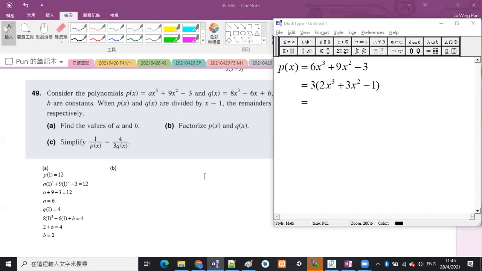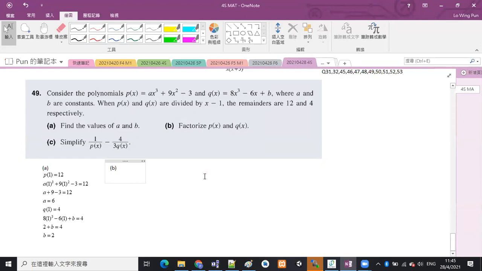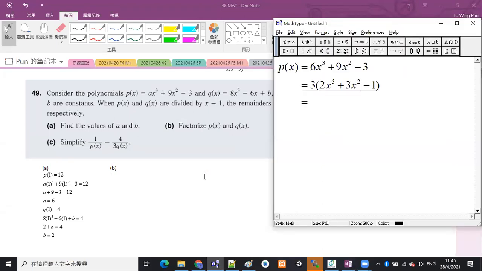So we have this cubic polynomial. We don't know what factors it has, so we have to try. Treat this as fx and try: is f1 equal to 0? No, so x minus 1 is not a factor. After trying 1, we try negative 1. Is f negative 1 equal to 0? Yes, it is equal to 0, which means x plus 1 is a factor of this. Then we can factorize x plus 1 out and multiply with the long bracket. The long bracket can be found by using long division.